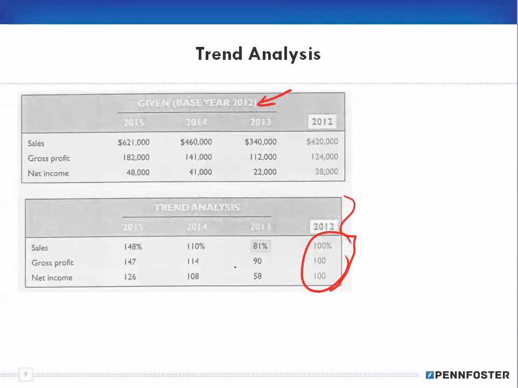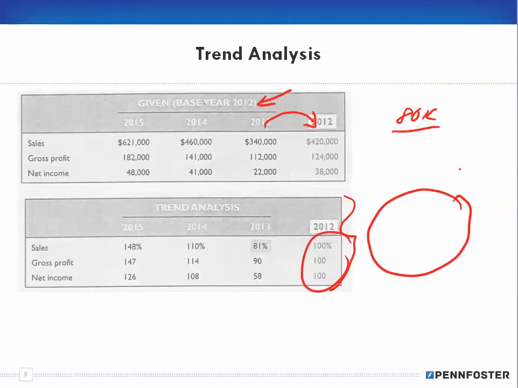Now, what we're doing here is comparing 2013 against 2012. What's the difference between those two numbers? That's a decrease of $80,000. Think of it from this perspective.